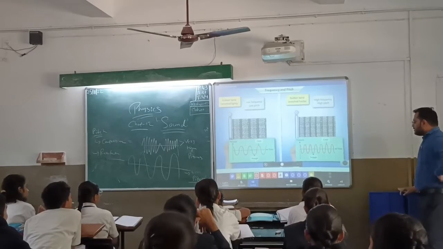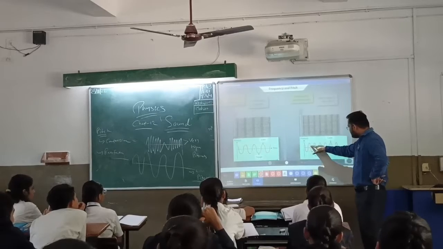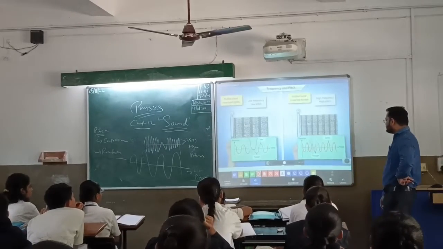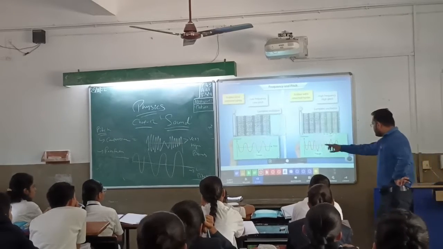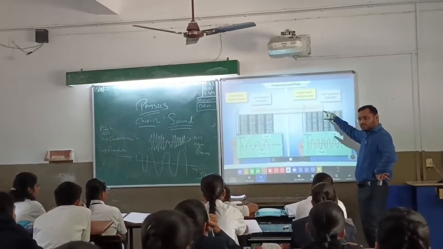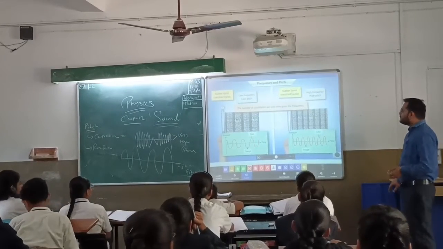Here the change in pressure from the maximum value to the minimum value and again to the maximum value is one complete oscillation, up and down. The number of such oscillations per unit time gives the frequency.